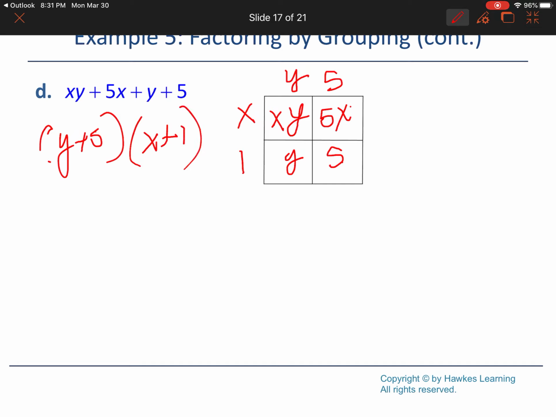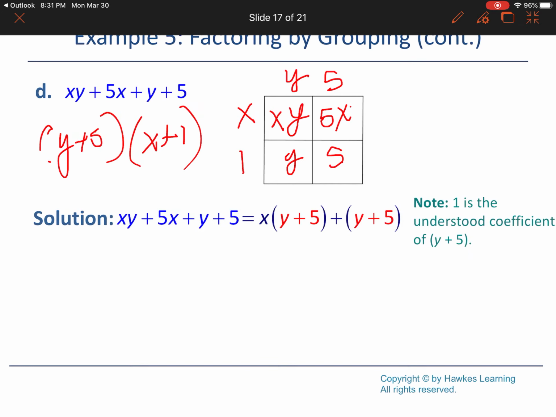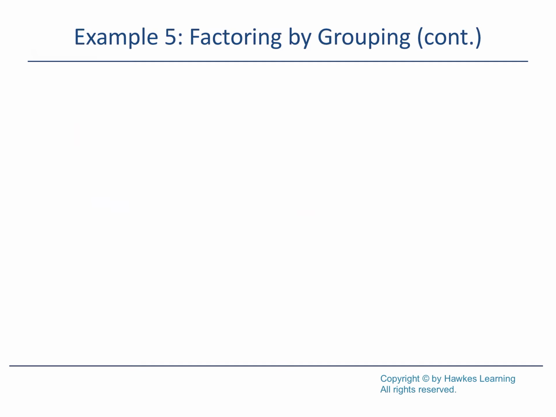Y plus 5 and x plus 1. Alright. Let's see how it looks with the solution. Got the same answer, right? Okay, here's one more. See what we can do with this.